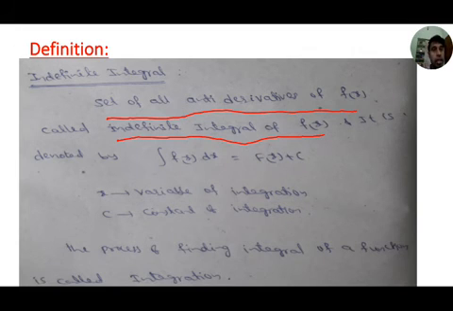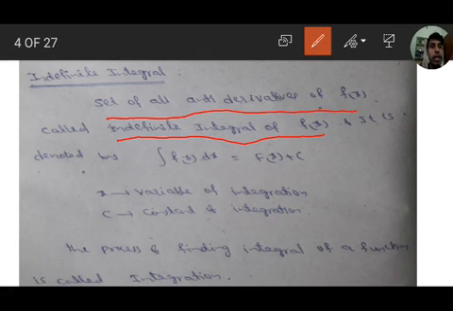Then the set of all antiderivatives of small f of x is called the indefinite integral of f of x, and it is denoted by integration of f of x dx equals capital F of x plus c.